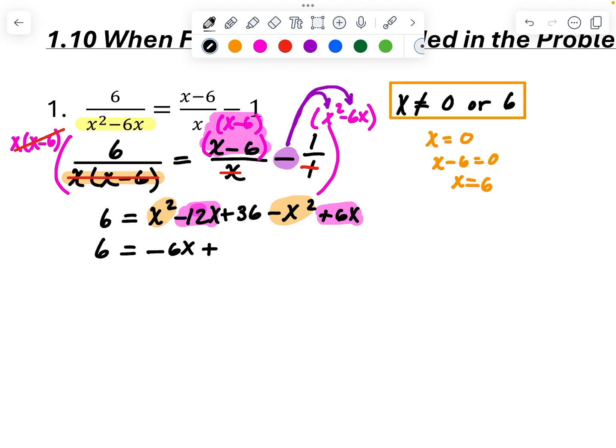And then I have plus 36. And then I'm going to move the 36 over, which is going to give me negative 30 equals negative 6x. So x equals 5.